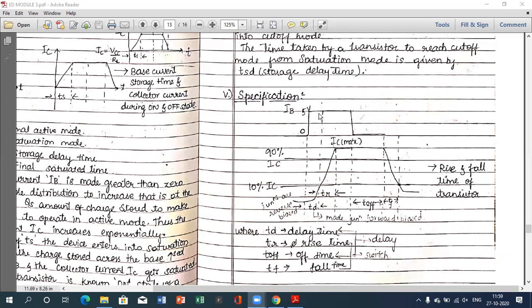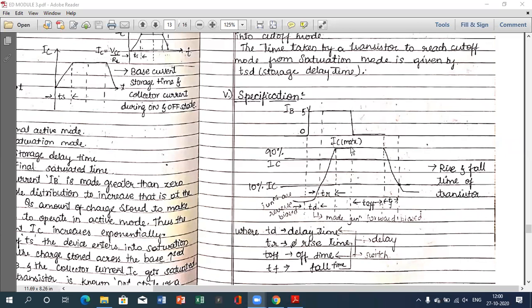As soon as it reaches 5 volts, the collector current rises from 10% to 90%. The time taken for the collector current to go from 10% to 90% we call the rise time. Then it reaches saturation and remains in saturation for a particular amount of time. As soon as the base current starts falling from 5 to 0, the collector current still remains in saturation.